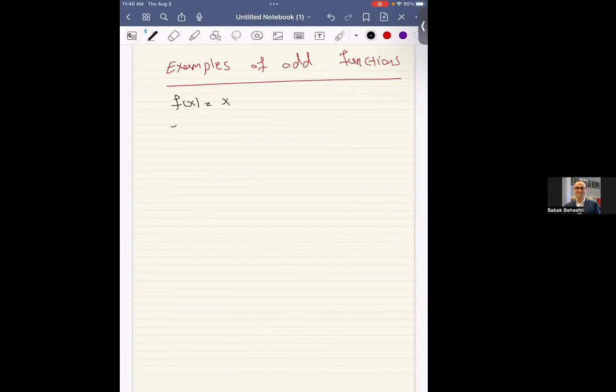Why? Because what is f of minus x? f of minus x is minus x, right? But minus x is minus f of x, because f of x is x. So minus x is minus f of x. So it's odd.